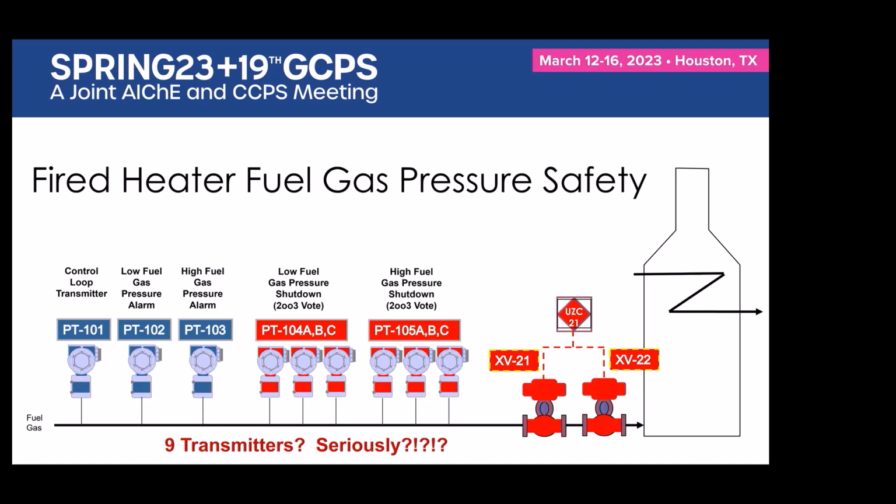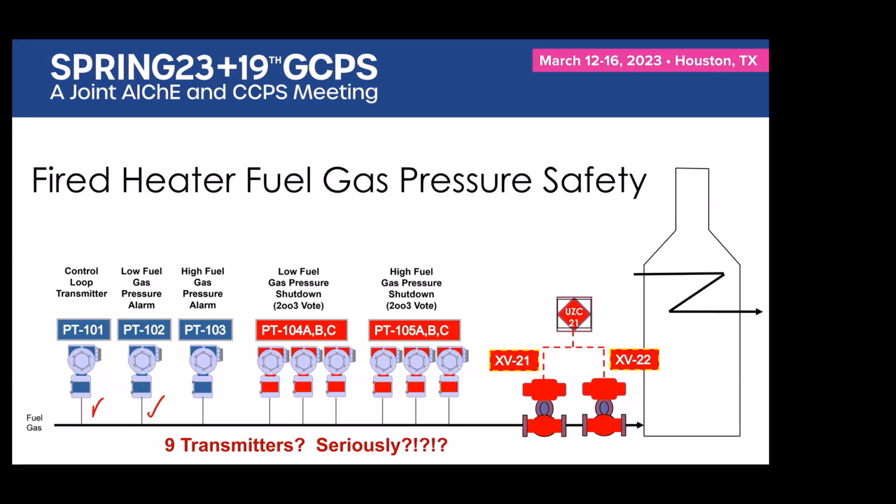So let's propose a design that could potentially be generated by a layer of protection analysis, which requires complete physical and functional separation. You would say, well, I've got one transmitter. Let me pull out my magic pencil and write on the screen. I've got one transmitter for my control loop, and I need that to be separate from the transmitter I need to take credit for my low pressure alarm.